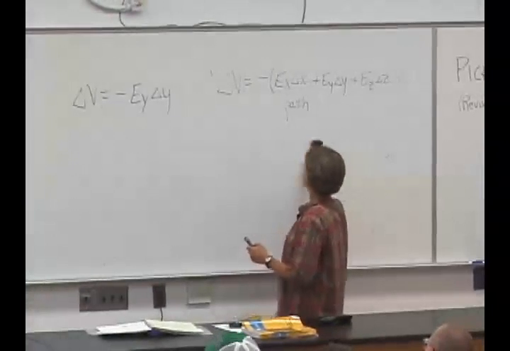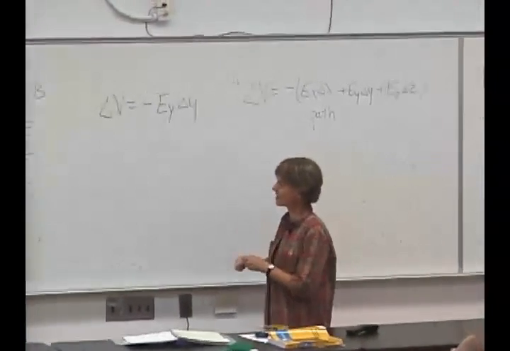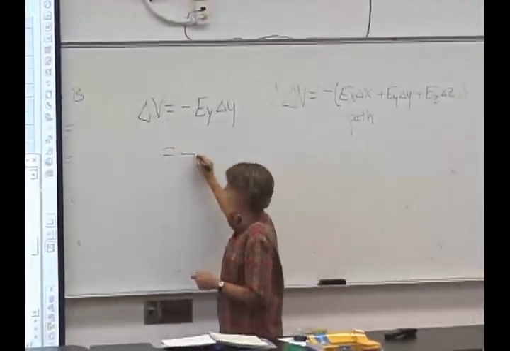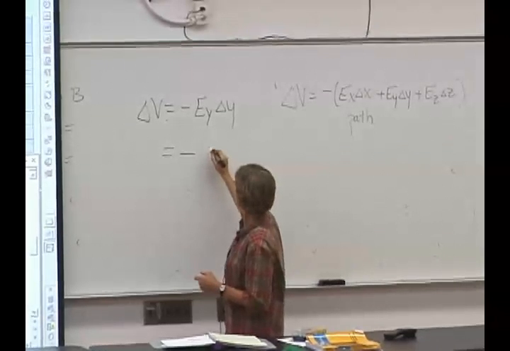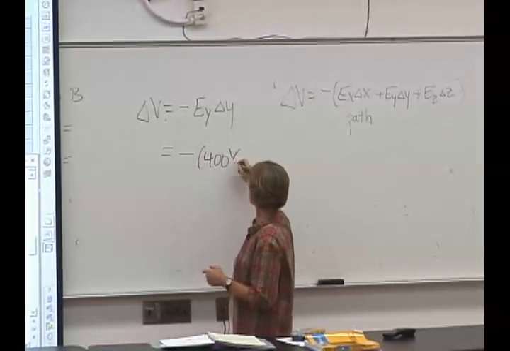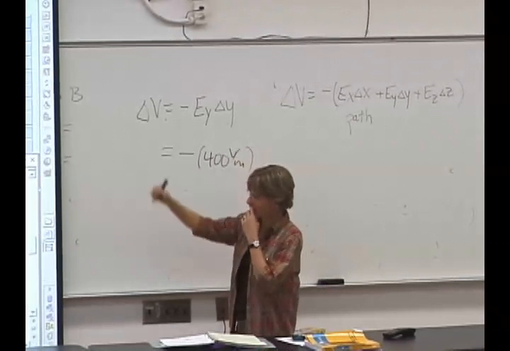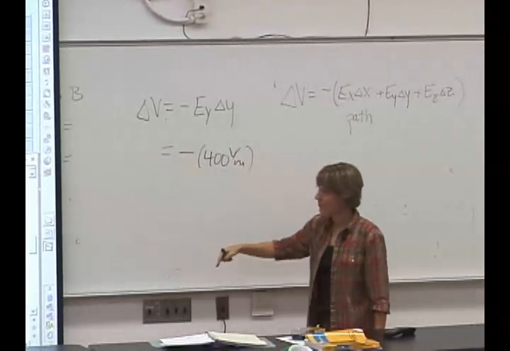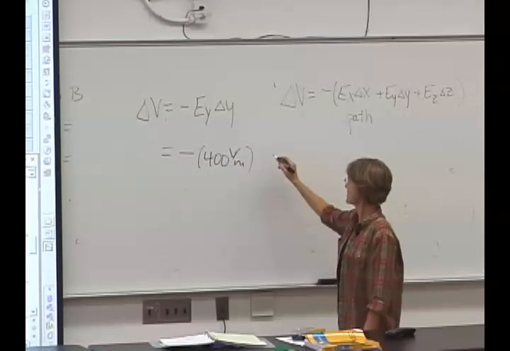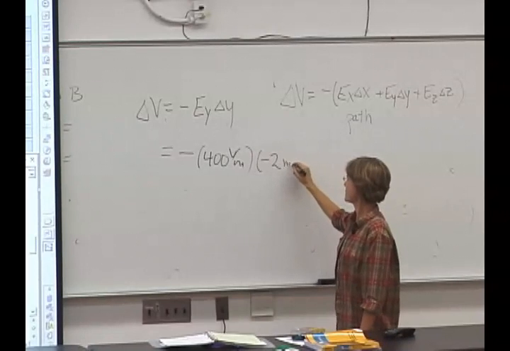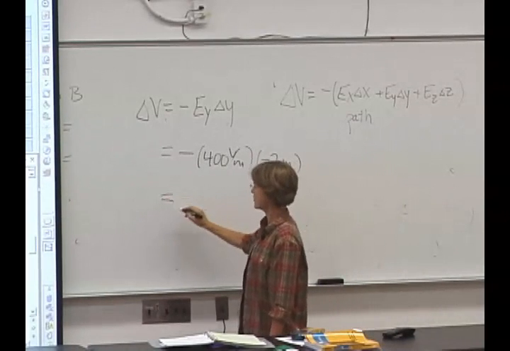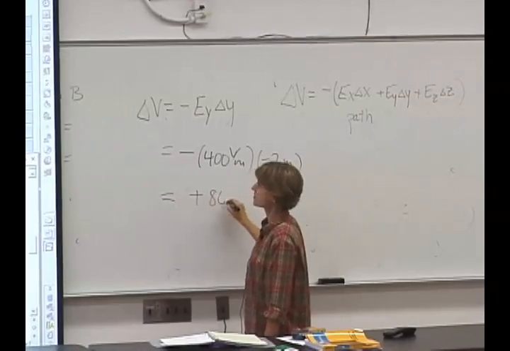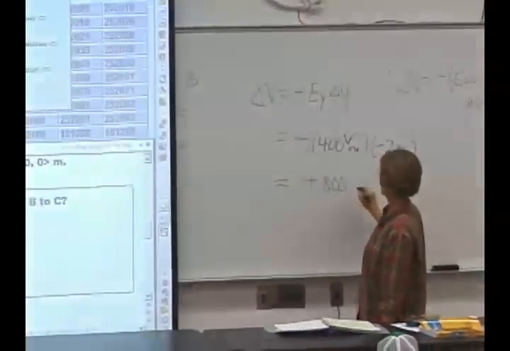We have a minus E_y delta y, so we have a minus 400 volts per meter times delta y is negative, right? So that's negative 2 meters, and so we get plus 800 volts, which is what most people got, right?